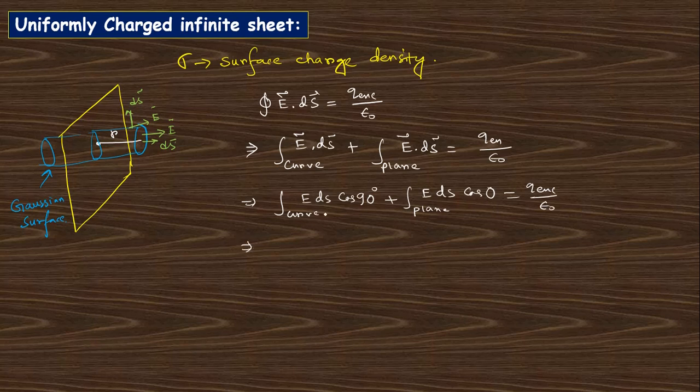For the curved surface the angle is 90 degrees, so this is 0, and the rest is nothing but the area. What will be the area? There are two plane areas, so this is 2a, where we take each area as a, whereas the charge enclosed will be sigma a, charge density sigma and area a. So finally we get the electric field as sigma by 2 epsilon naught.